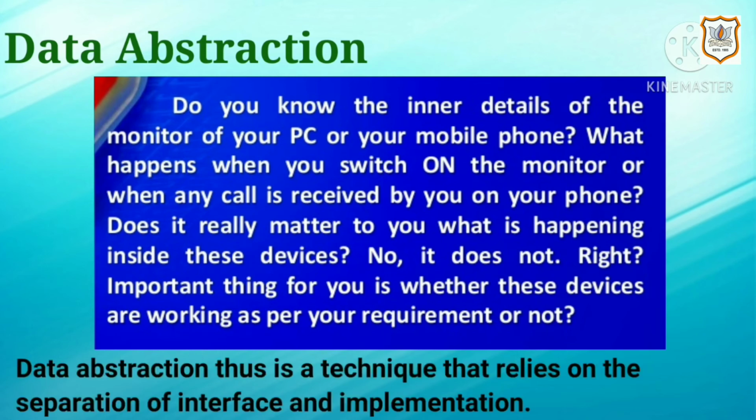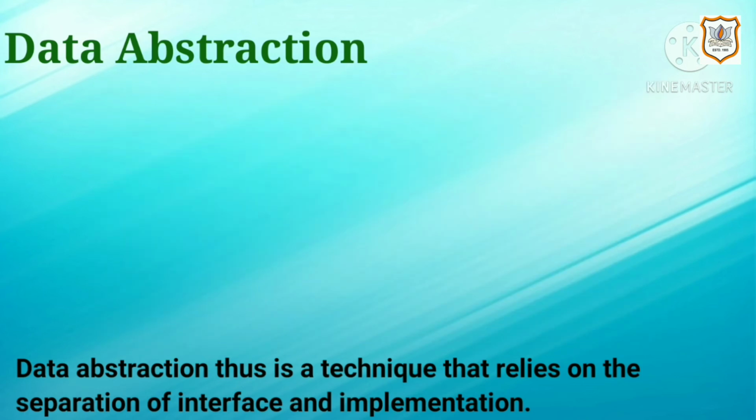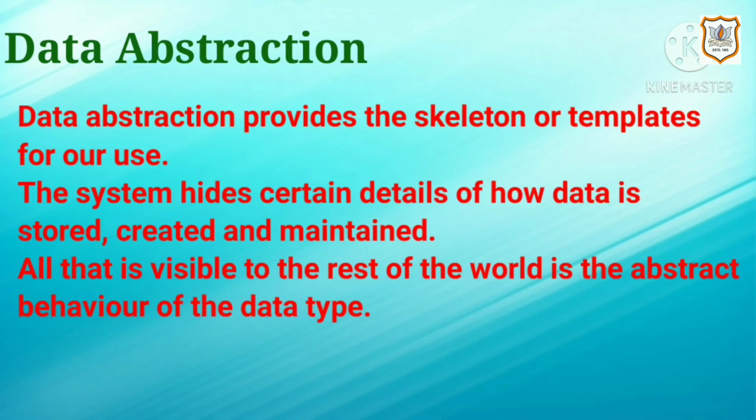Data abstraction thus is a technique that relies on the separation of interface and implementation. Data abstraction provides the skeleton or template for our use. The system hides certain details of how data is stored, created and maintained. All that is visible to the rest of the world is the abstract behavior of the data type.